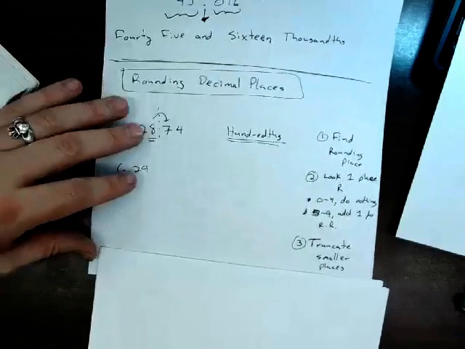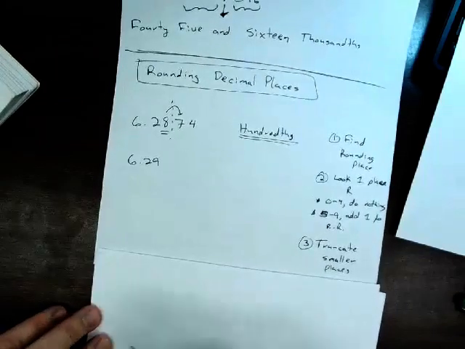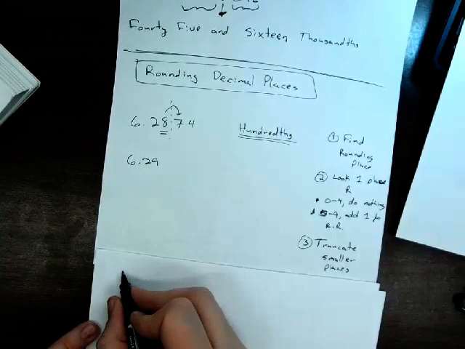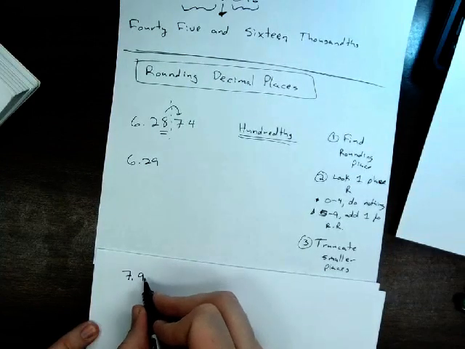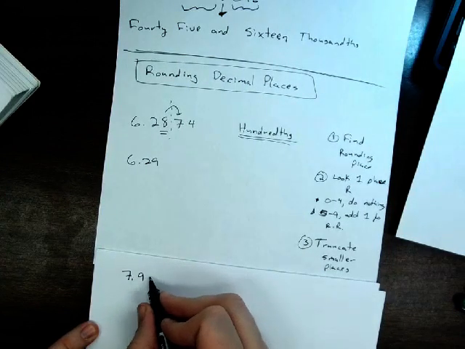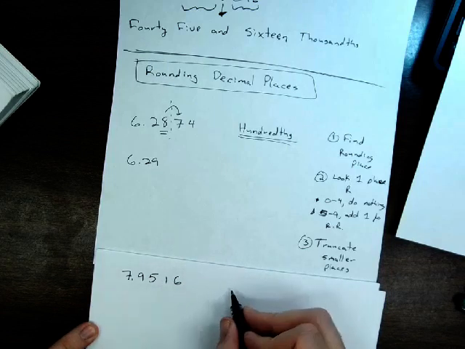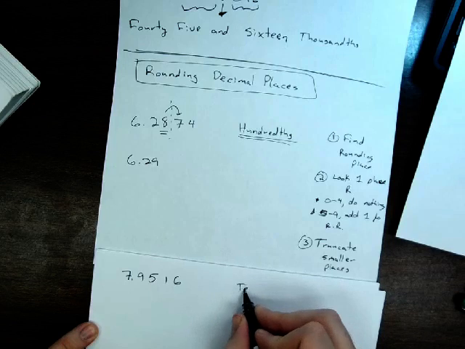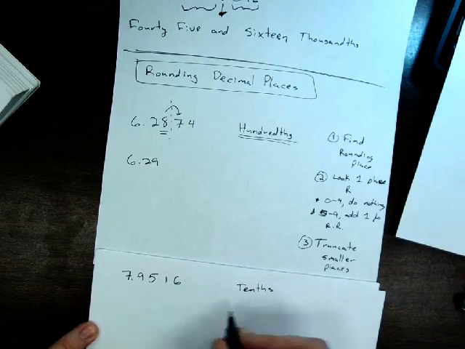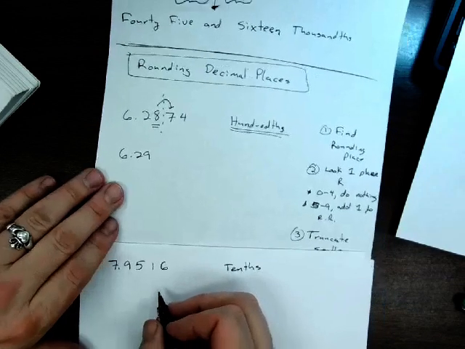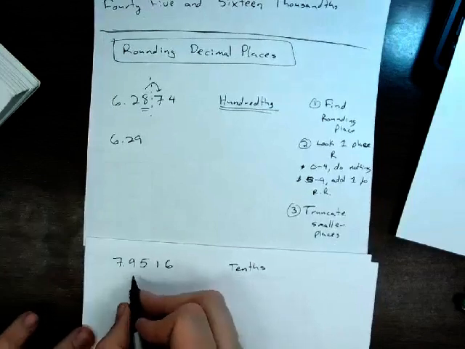So say we've got something like 7.9516, and I want to round this to my tenths place. Now here, my tenths place is right here.